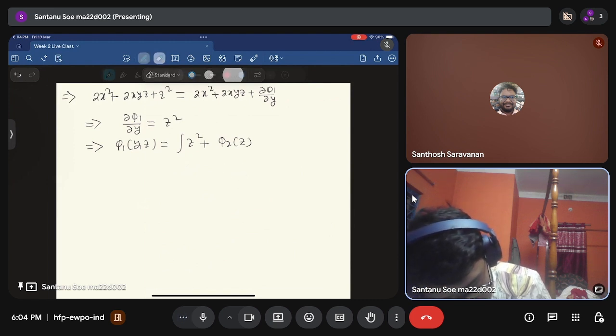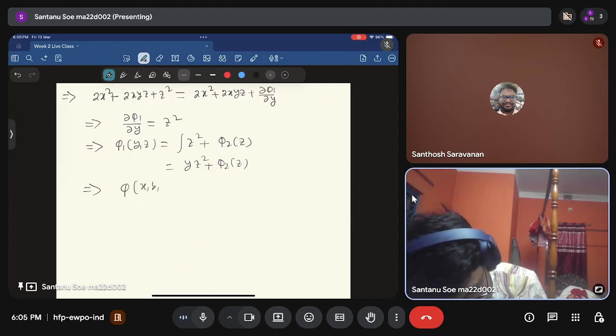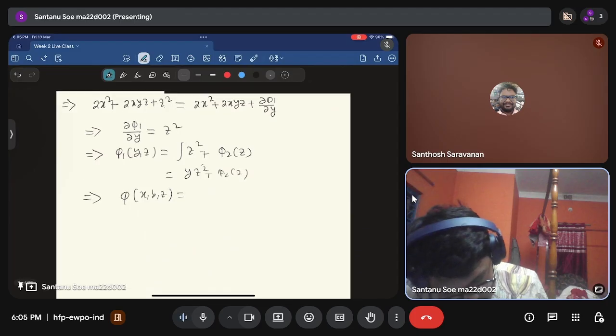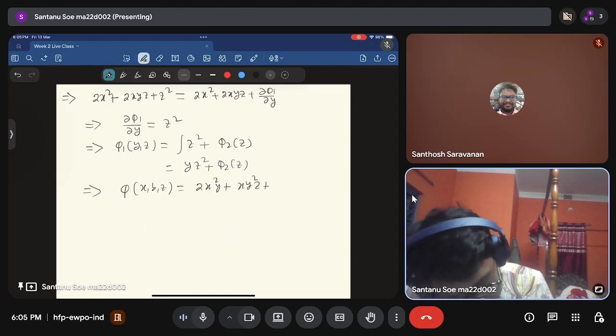So this is gonna be yz square plus phi 2 of z. Okay. Again, so from here phi of xyz will be equals to 2x square y plus xy square z plus yz square plus phi 2 of z.